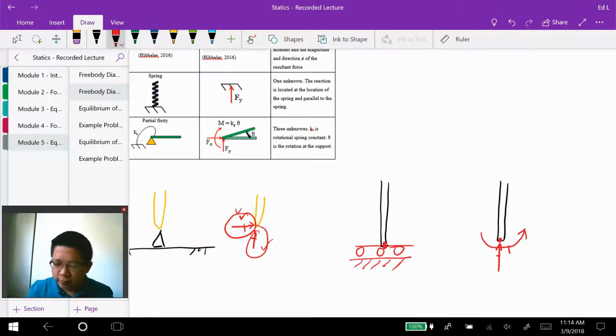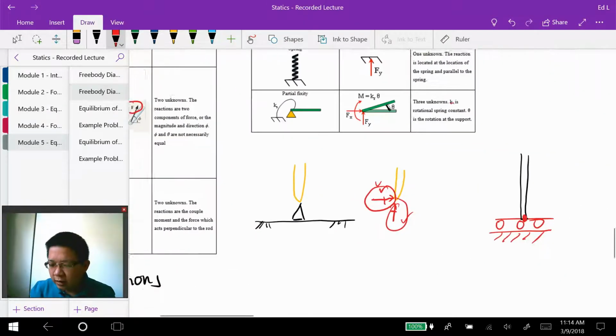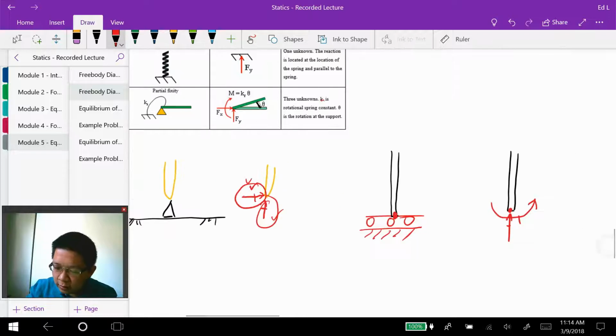So there will be F and M, and this F is usually perpendicular to the surface.